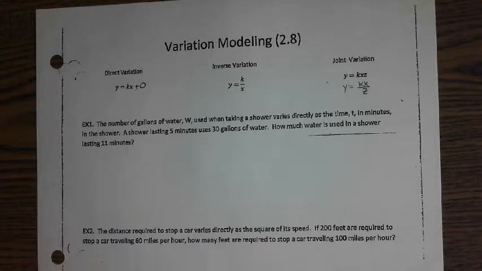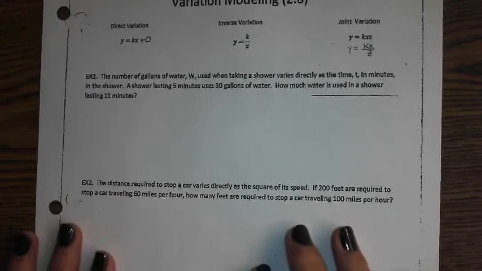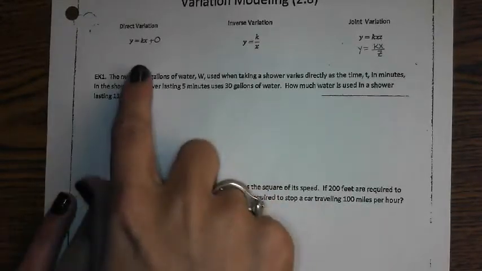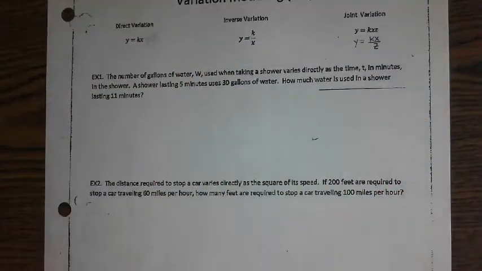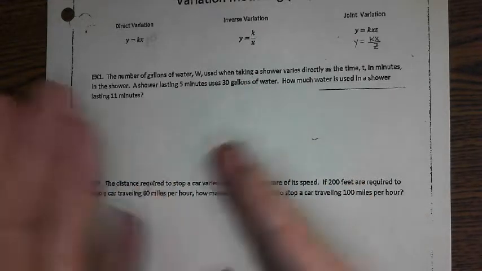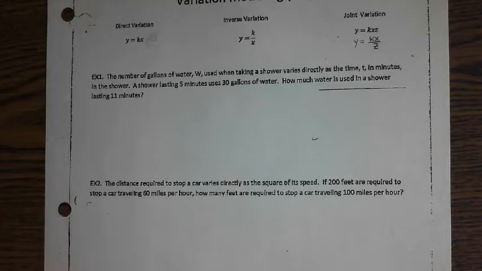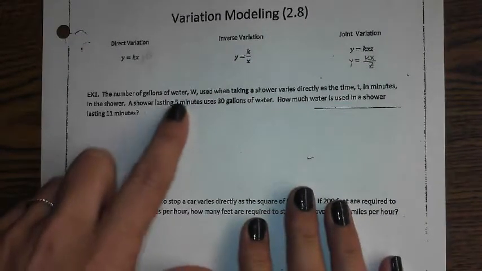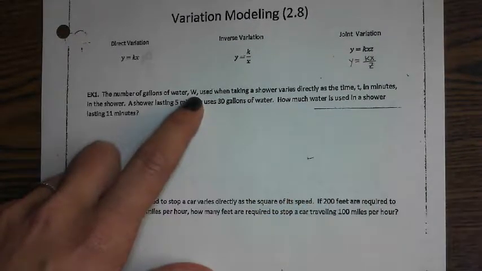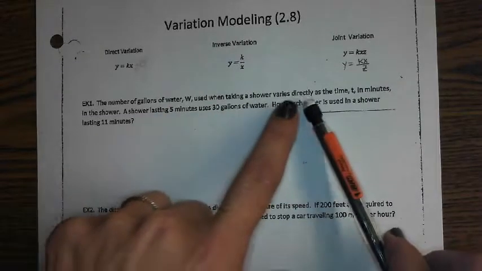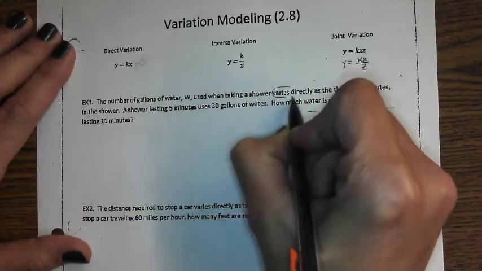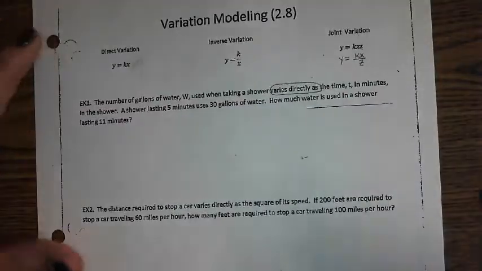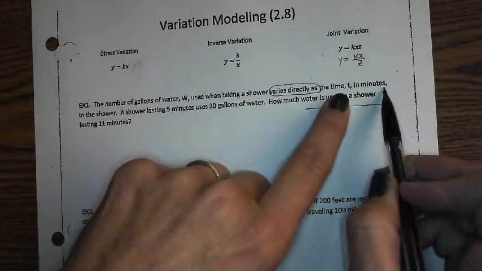Okay? I think you're going to find these pretty easy because once you know your direct variation format, just kx, and your inverse variation format, just k over x, the problems are going to use that exact language, directly or inversely. So in this first one, the number of gallons of water, W, used when taking a shower varies directly as the time t in minutes.